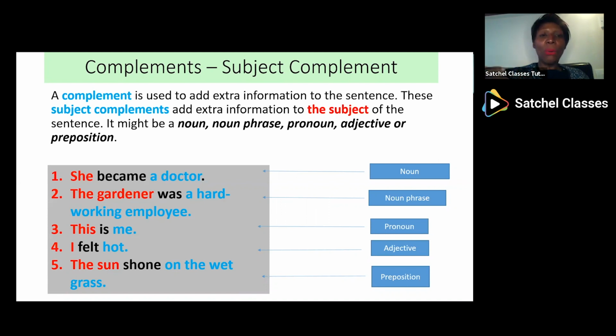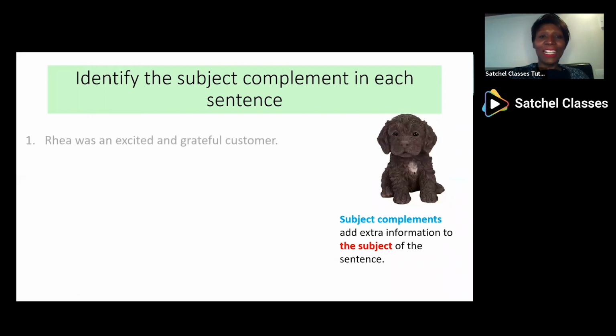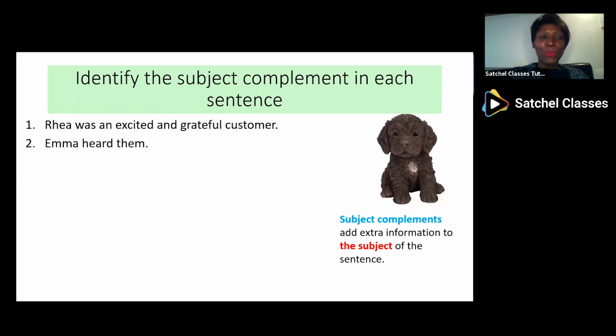The gardener was a hardworking employee. This is me. Subject, verb, complement. I felt hot. The sun shone on the wet grass. Subject, verb, complement. And you've got some more examples here.